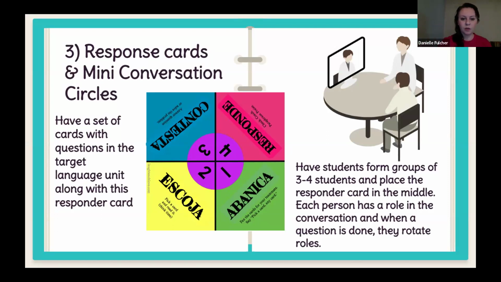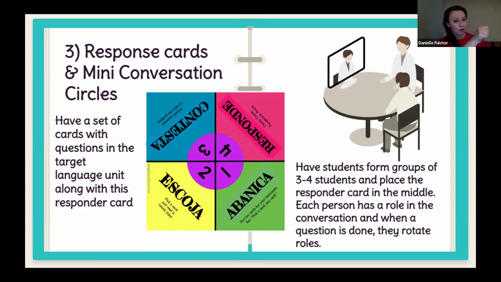Now, there are certain other ones like response cards, where maybe this is a whole class activity where you're asking true or false to the students, and the students would take the physical card and hold it up. It's one of those opportunities to respond where they don't necessarily have to say anything or do a whole lot of work.